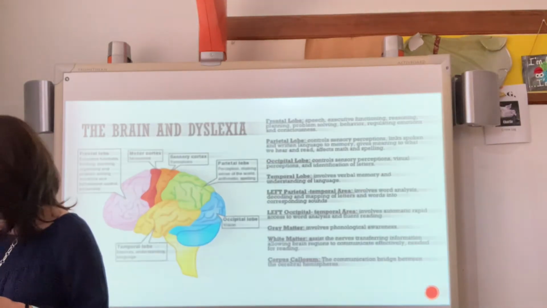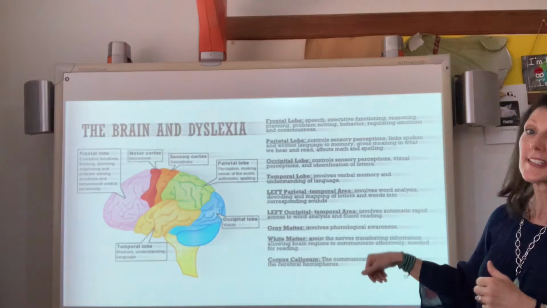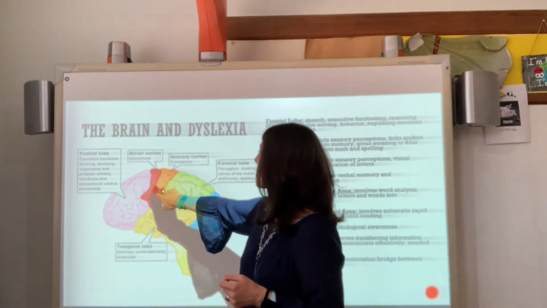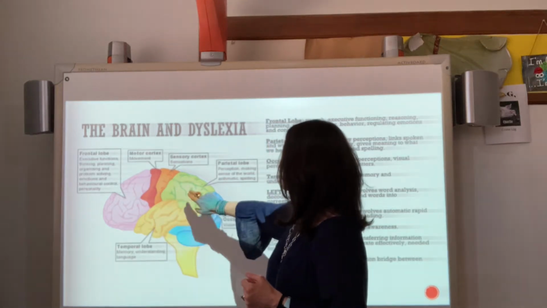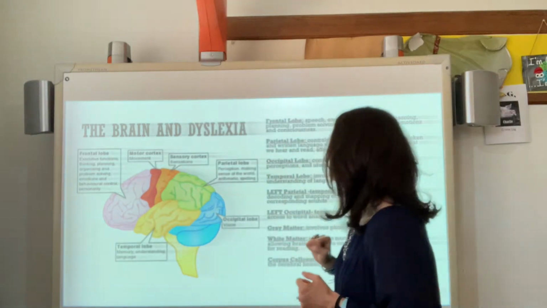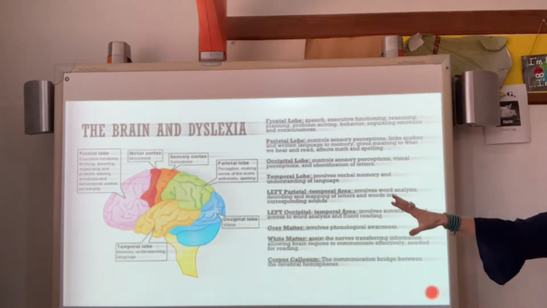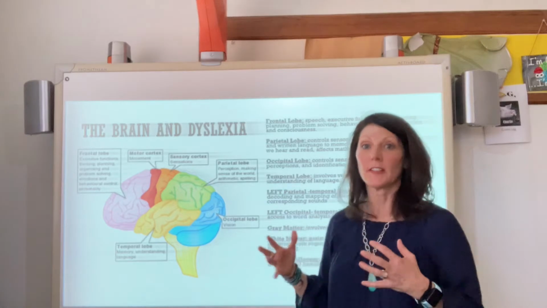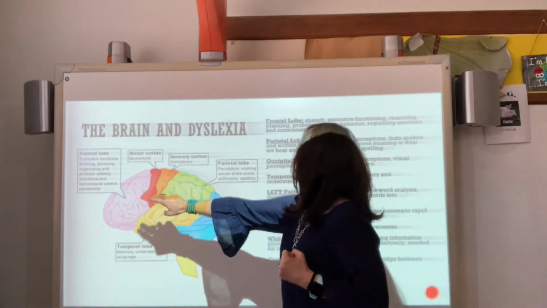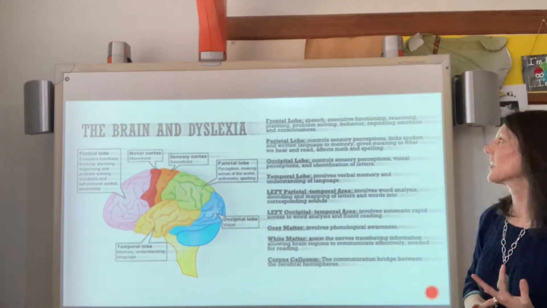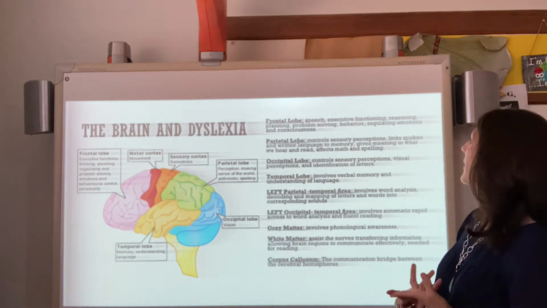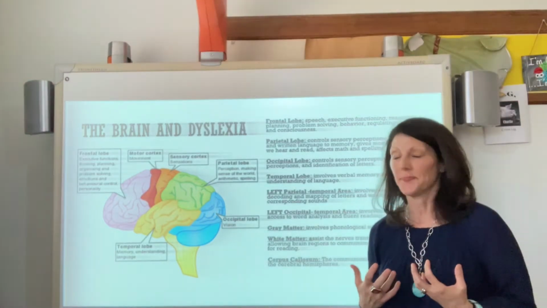Let's continue on. Okay, so the brain and dyslexia. We have the frontal lobe, motor cortex, sensory cortex, parietal lobe, occipital lobe, and temporal lobe. These components of our brain control different aspects. The frontal lobe helps with speech, executive functioning, reasoning, planning, problem solving, behavior, regulating emotions, and consciousness.